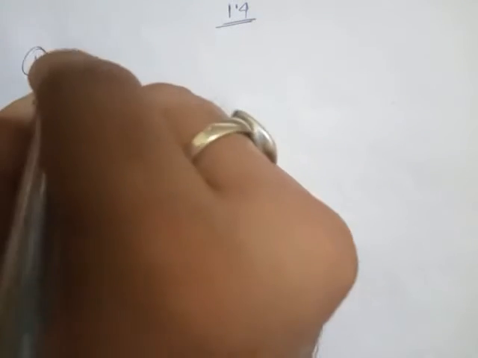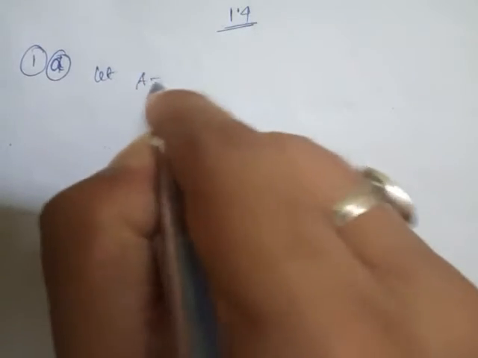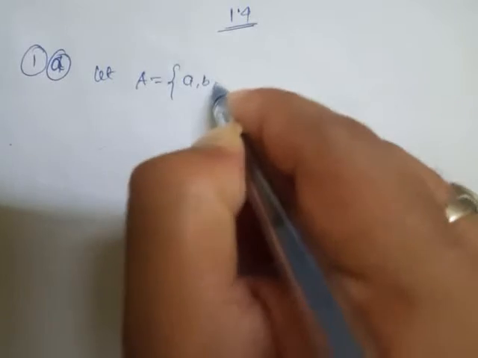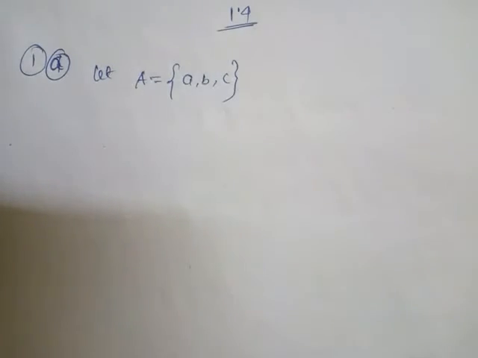Now student, exercise 1.4, class 10 advanced maths. The first question is 1, part A. Let A equal to, I am taking a, b, c, elements, 3 elements.